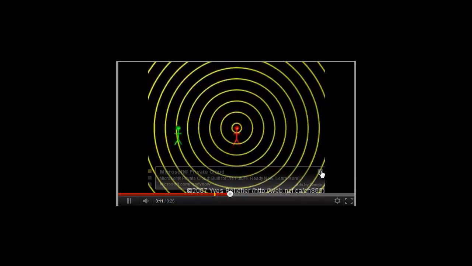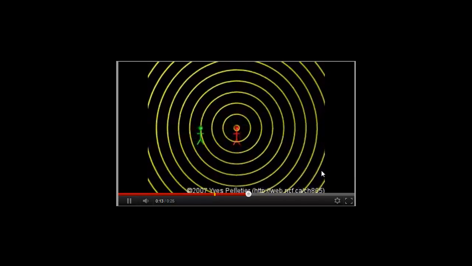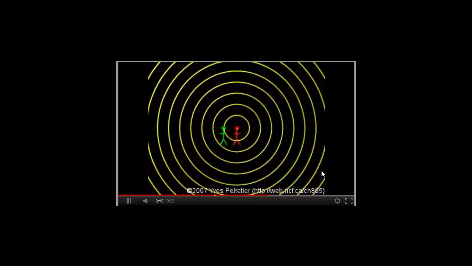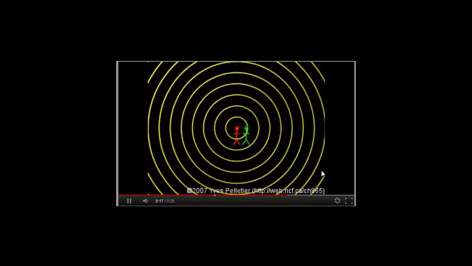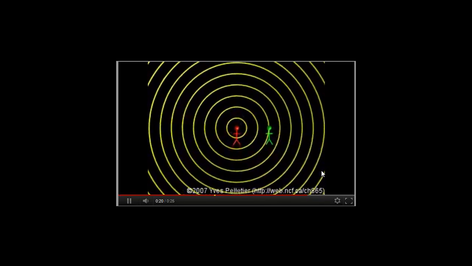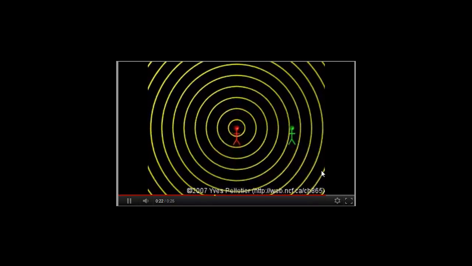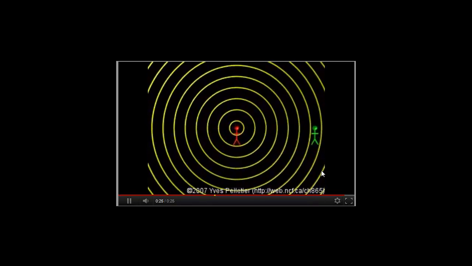All right, here goes the observer. Those waves appear to be moving faster. Then after passing the source, those waves appear to be moving slower to the observer. And that is the basis for the Doppler effect due to a moving observer.